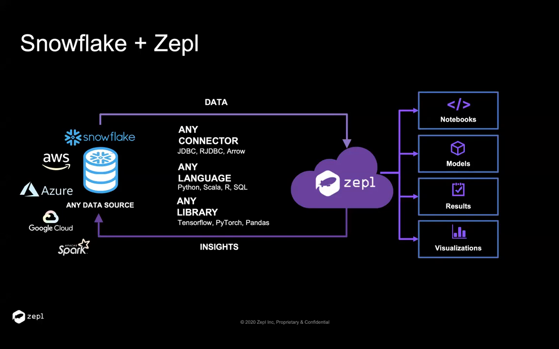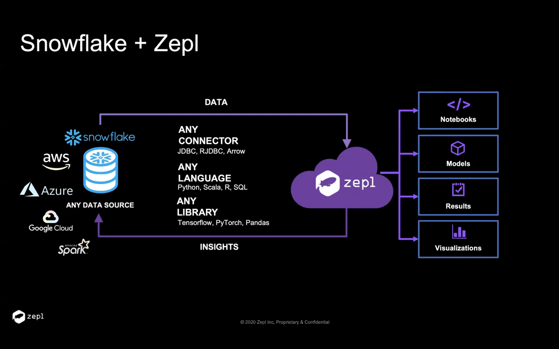Being able to connect to any data source, and to write in multiple languages, Python, Scala, and R, as well as SQL, all within the same notebook environment. And then support the extension of any libraries that you might be using. Today, in our notebook, we're going to use Pandas. You'll see TensorFlow, and we'll use some connectivity into Snowflake as well.